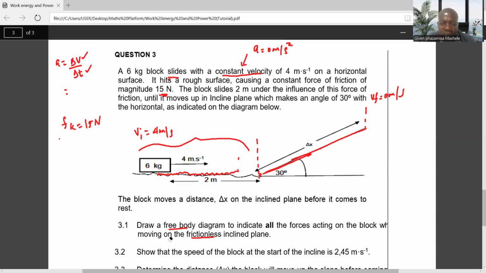Then the second question says, show that the speed of the block at the start of the incline is 2.45 meters per second, here up until here. They just said show. They did not specify which formula to use.